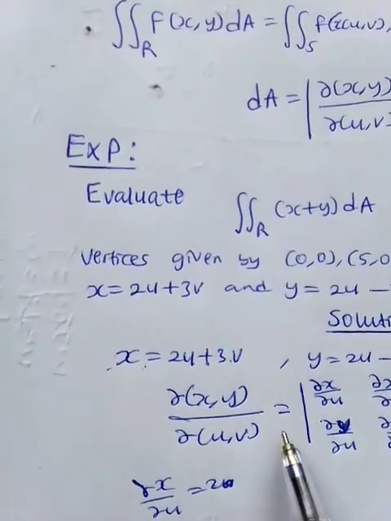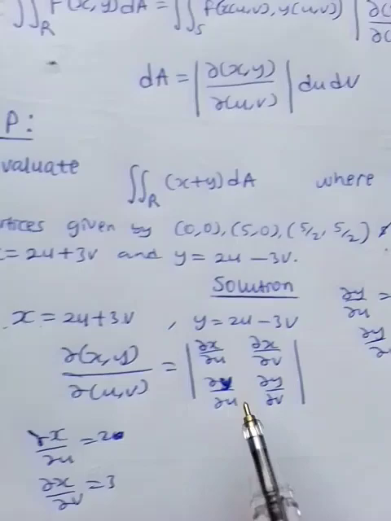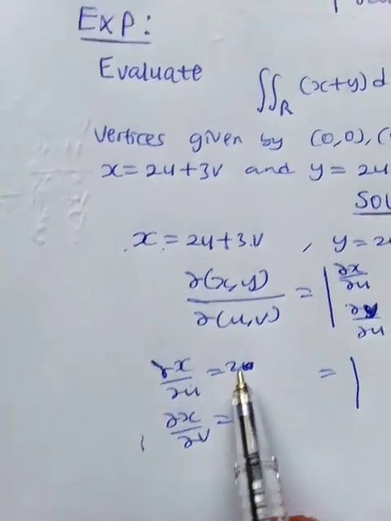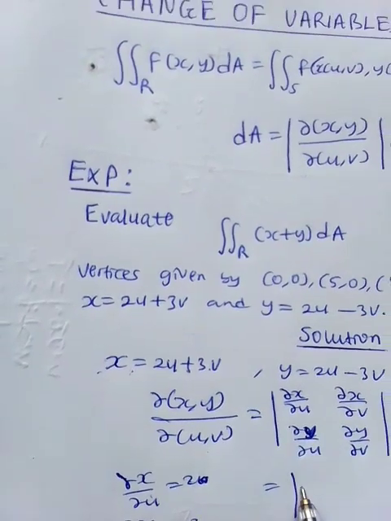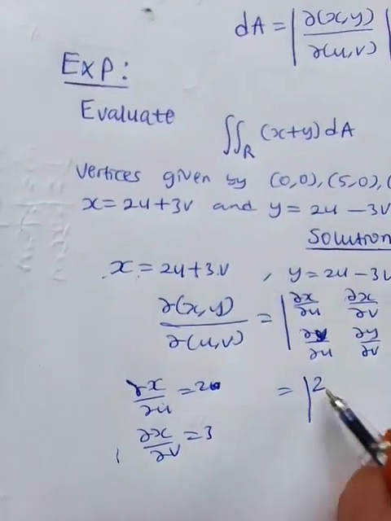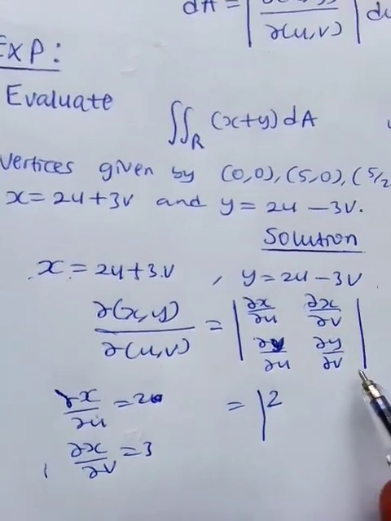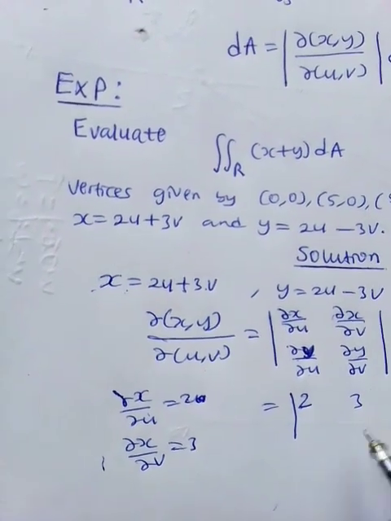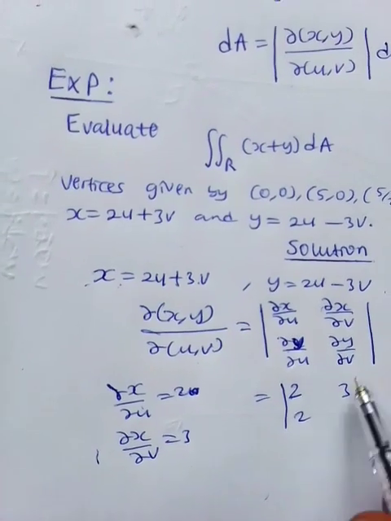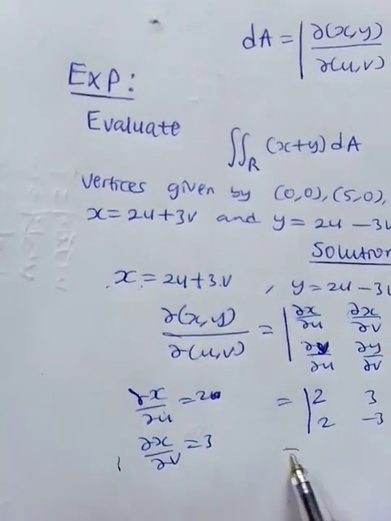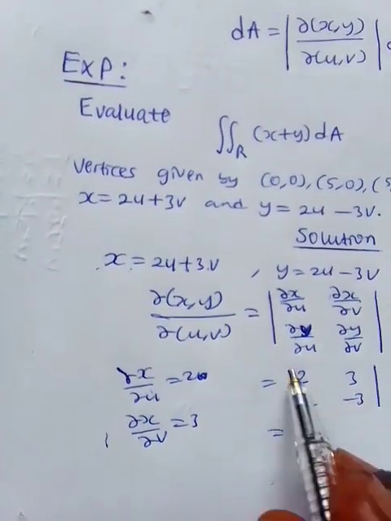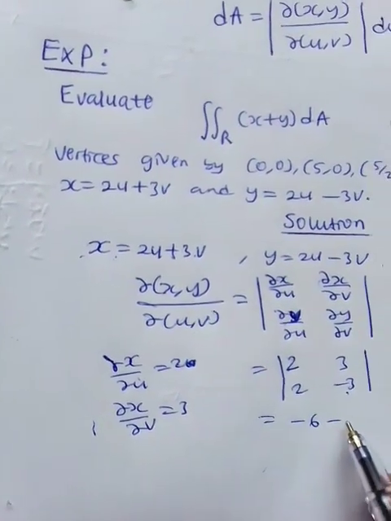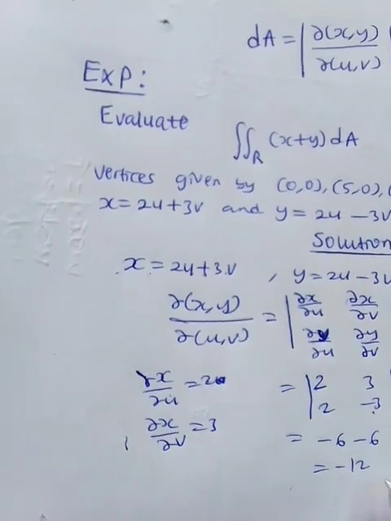So we are going to plug in our values for the Jacobian here. Partial x partial u, we're going to have 2. Partial x partial v, we're going to have 3. Partial y partial u, that's 2. And this one, minus 3. So this is minus 6, minus 6, that's minus 12.